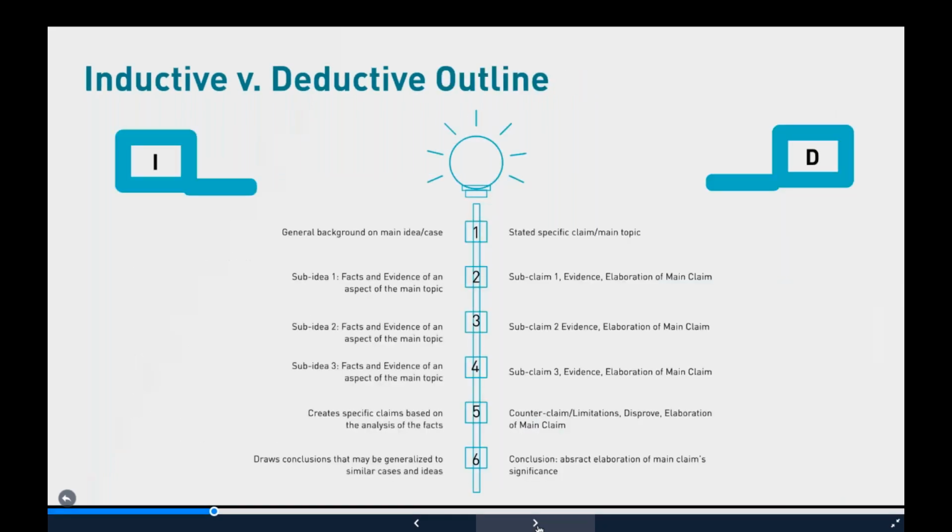Okay. Once you've decided if you're using inductive or deductive reasoning, you can follow this outline. This is paragraph per paragraph for the most part, or chapter per chapter. So here we're looking at the first paragraph of an inductive paper being general background on the main idea or case, compared to the specific claim that must be presented in the first paragraph of the argumentative paper.